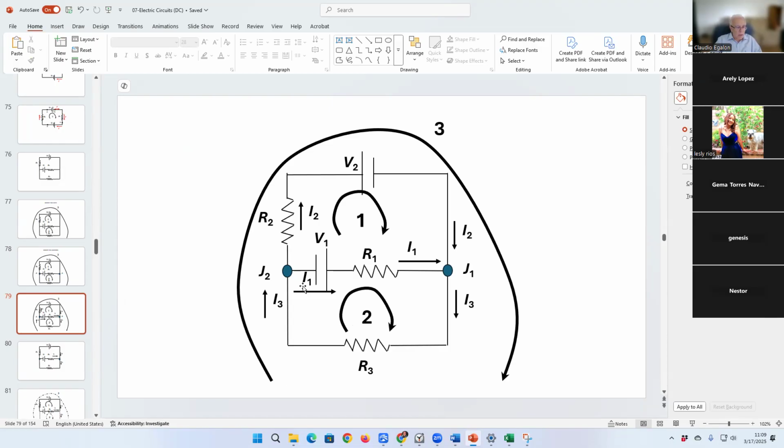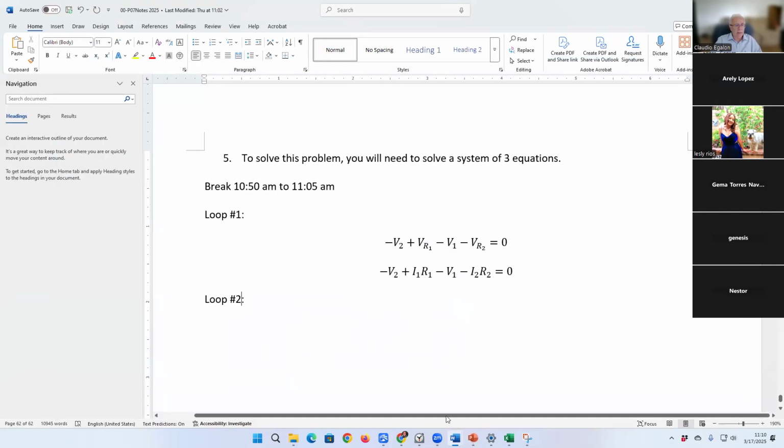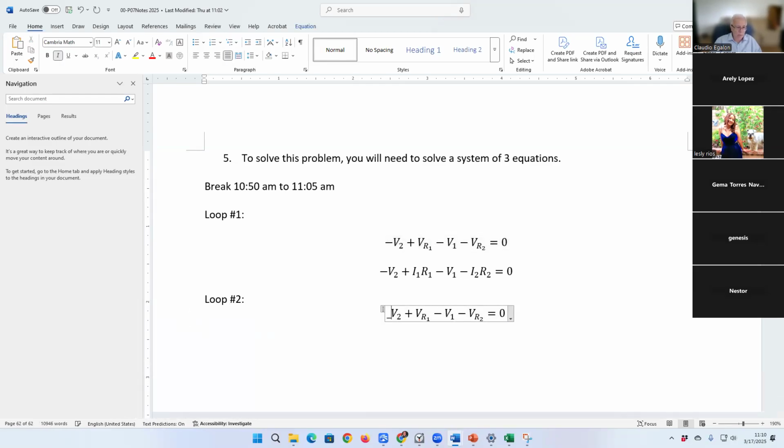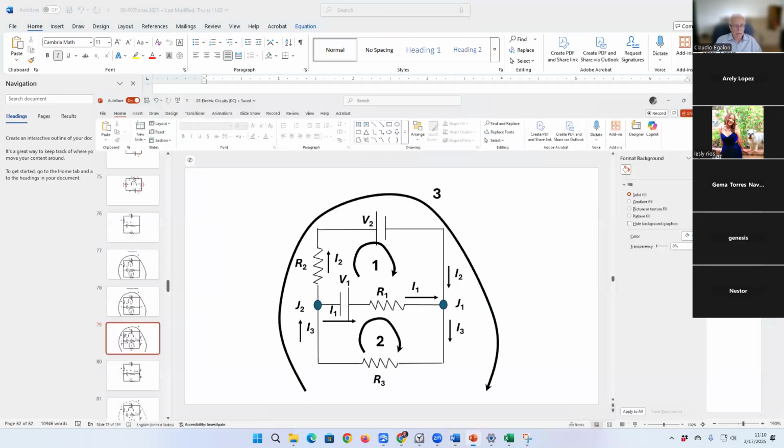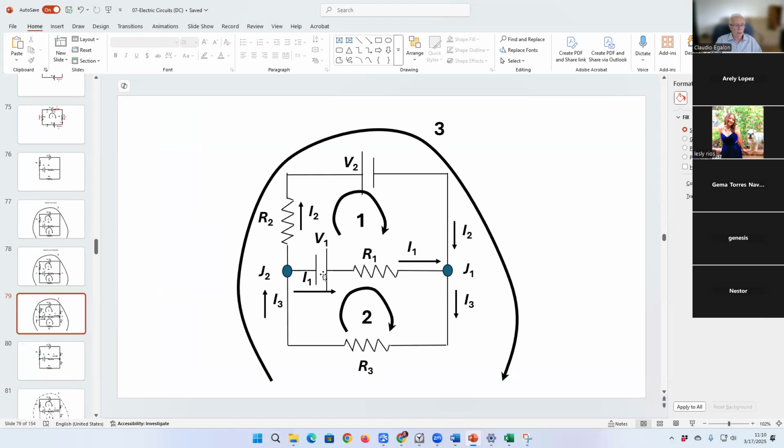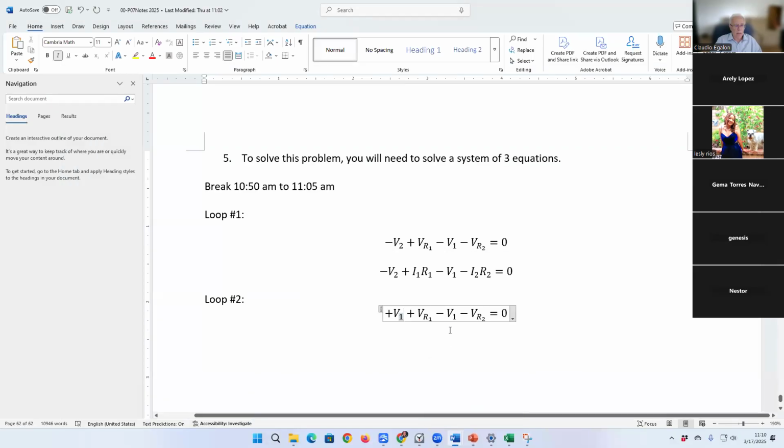So here you go. Current flowing from the negative to the positive is plus V1. Let me emphasize, plus V1. Minus VR1.